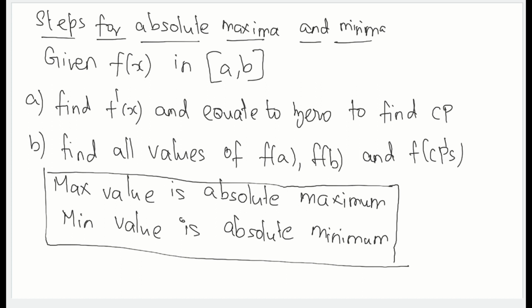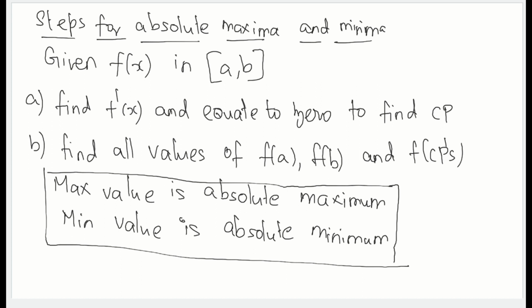If they are simply asking you to find the maximum value and the minimum value, then it is a local maximum and local minimum. If they are asking you to find the maximum and minimum value when they have provided you the interval, then that is called absolute maxima and absolute minima. So that is how you differentiate between absolute and local maxima and minima.